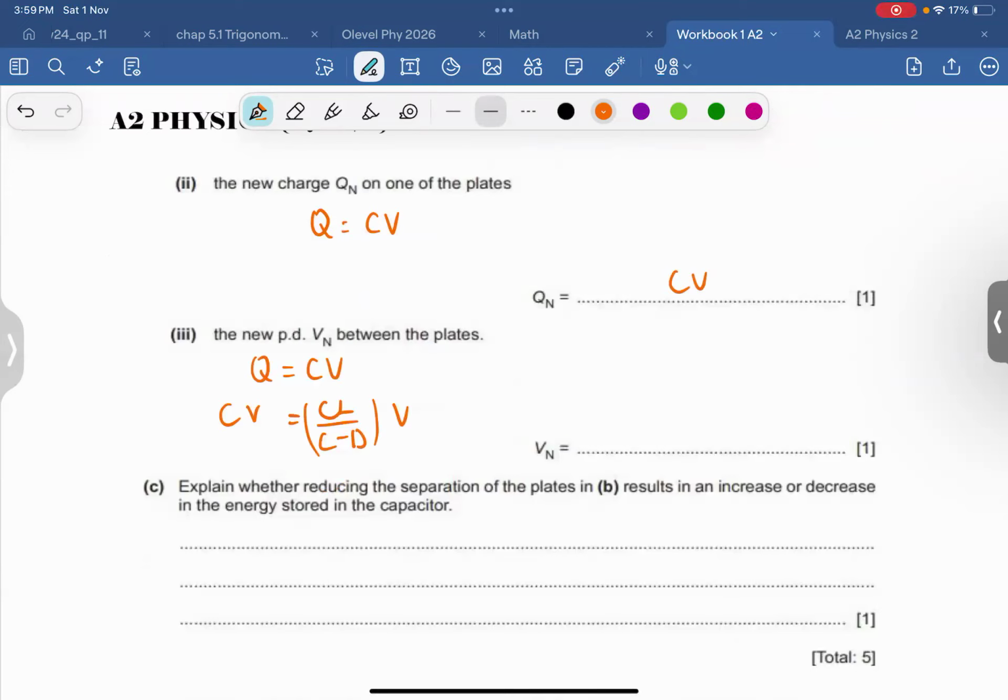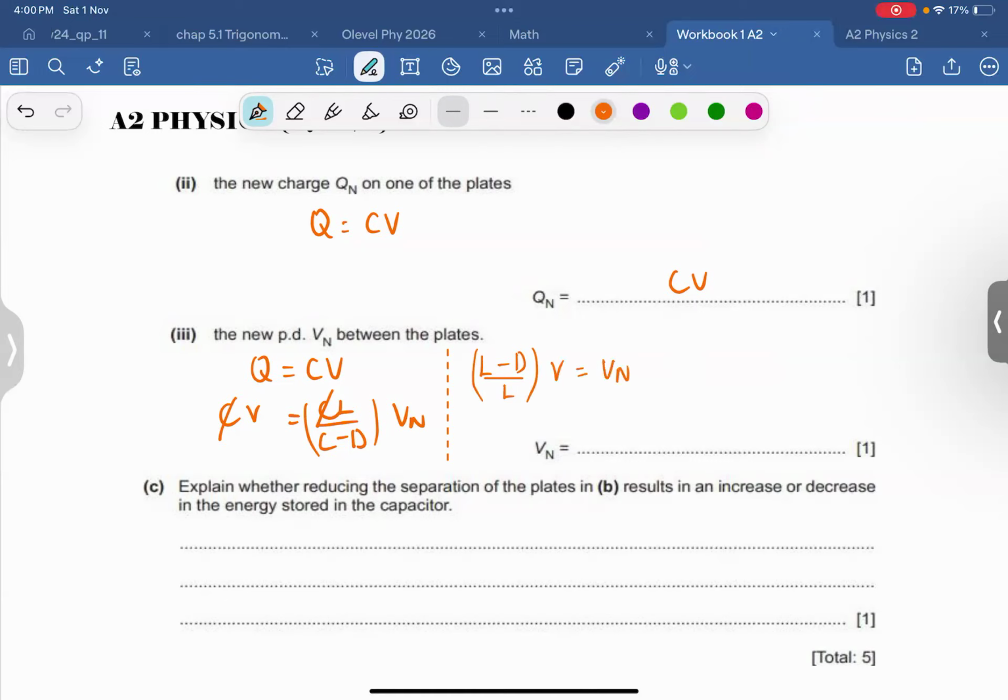The C and that C go off, and we'll be left with L minus D over L, and then V, which equals V new.